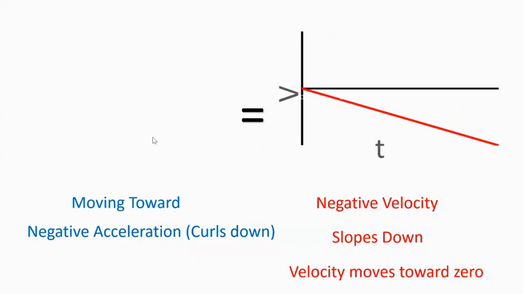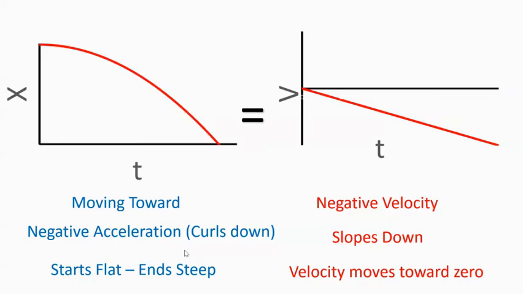And one last thing is looking at how the velocity changes. It changes from being close to zero to being far from zero, so it's going to start slow and end fast. On the position graph, the line's going to start flat, but end steep. So we want a line that starts out flat, moves towards the bottom, and curls down as it does. Our position graph would look like this.